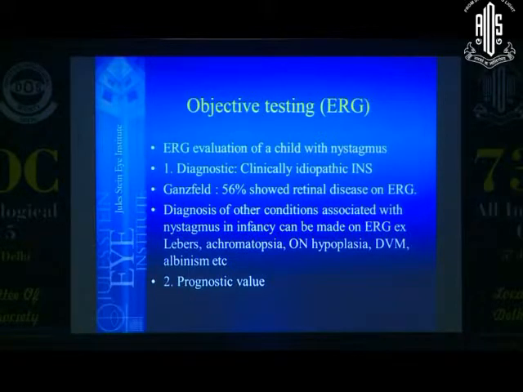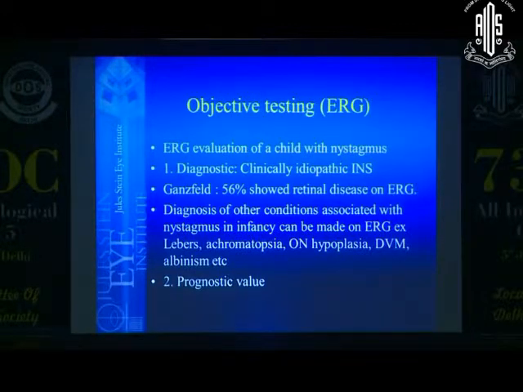Coming to the ERG, of course it's an important part of evaluation of a case with nystagmus, and one nice thing that I found is where all your clinical examination is otherwise normal, the retina looks normal, and you want to say that the child clinically at least just has an idiopathic INS. There was one study which showed that in about half of these children you will find something on the ERG.